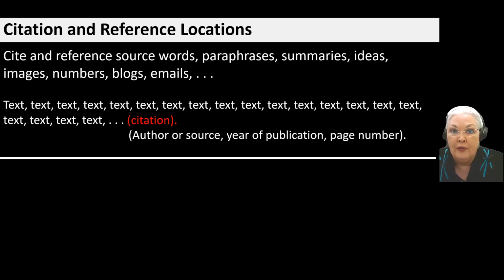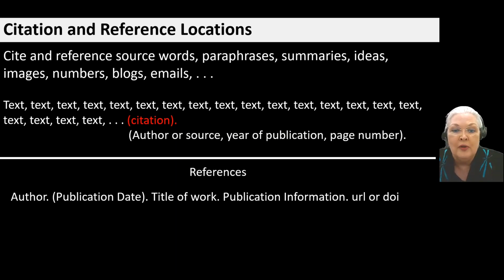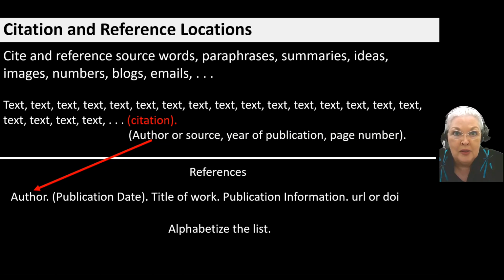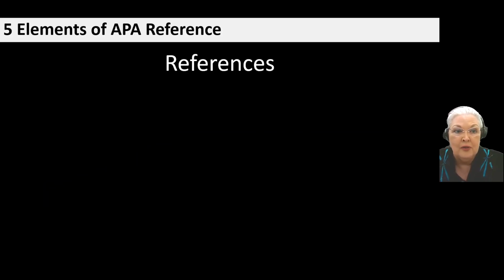Then, at the end of the document on a separate page called References, the full reference will appear. The citation's author or source will correspond with the author in the full reference. This reference list is alphabetized so that the reader can tell from the citation exactly where that source is going to be on the reference page.